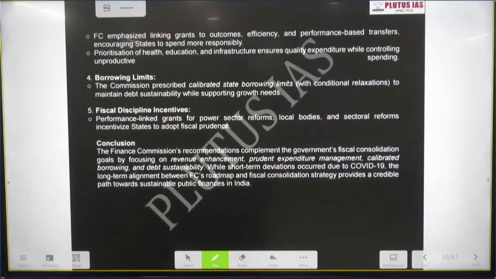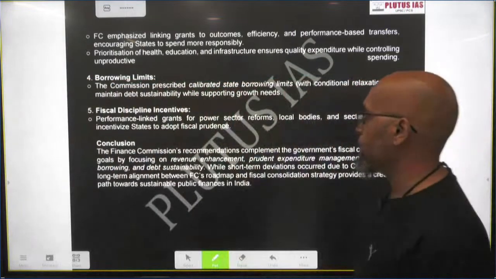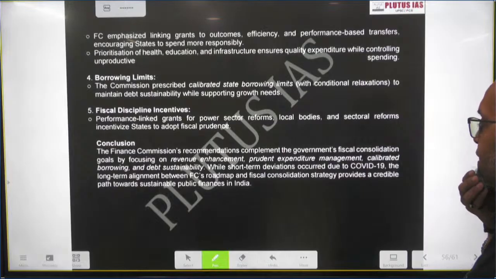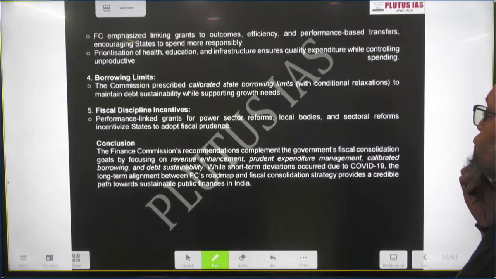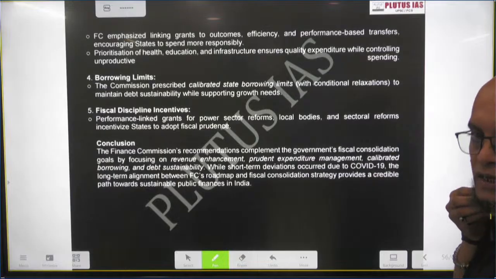Okay. Then borrowing limits. The Commission prescribed calibrated state borrowing limits with conditional relaxation to maintain debt sustainability while supporting growth needs. Fiscal discipline incentives: performance-linked grants for power sector reforms, local bodies, and sectoral reforms incentivize states to adopt fiscal prudence.